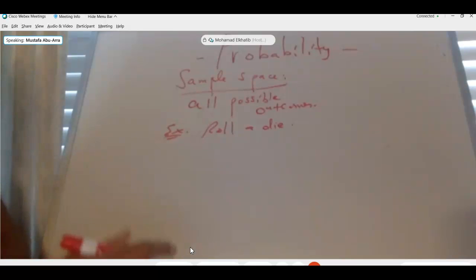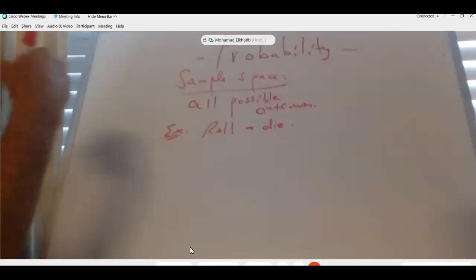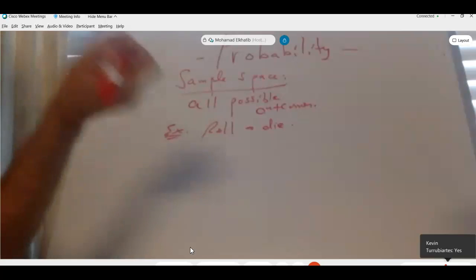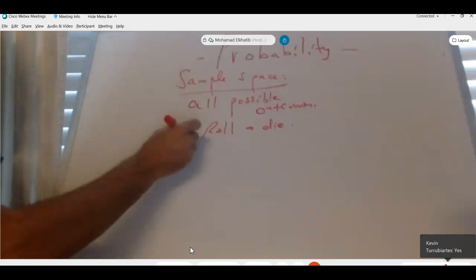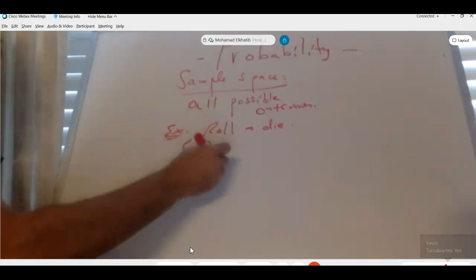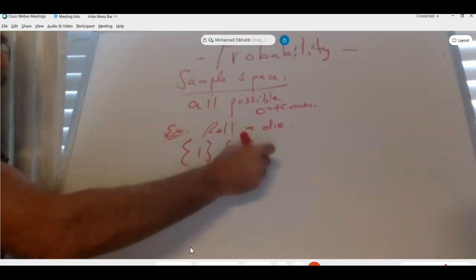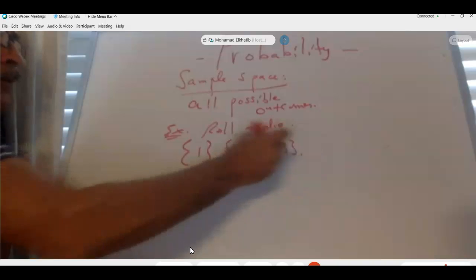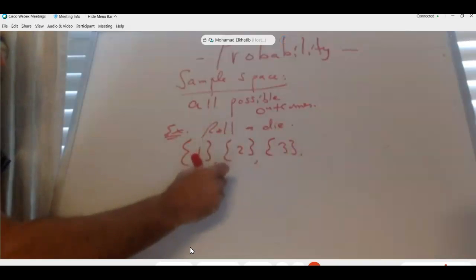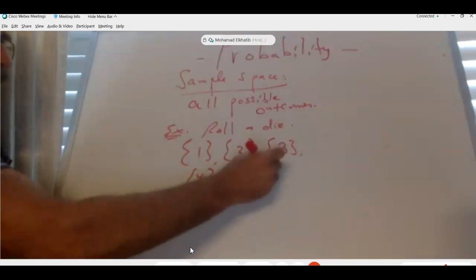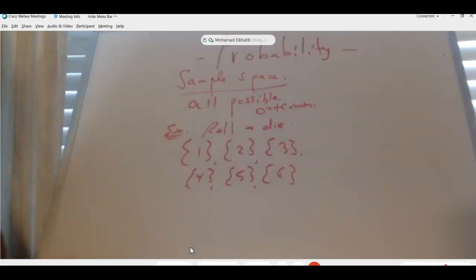What would be my sample space? Sample space means every single thing I might expect to get from rolling the die. So the sample space is going to be 1, 2, 3, 4, 5, and 6. That's called a sample space. It means everything you might expect to get when you roll the die.